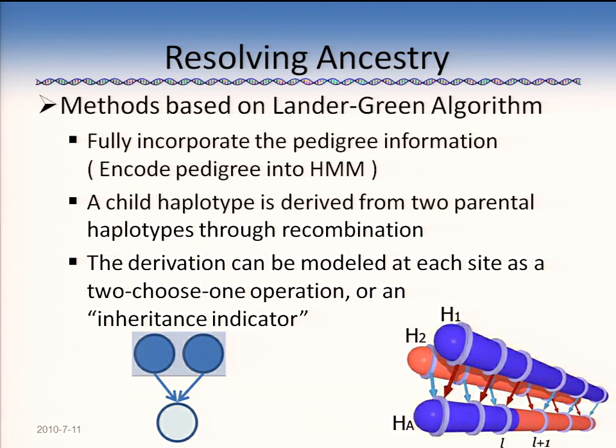The inheritance indicators are plotted. So the recombination event here is a change in the inheritance indicator of the chromosomes.